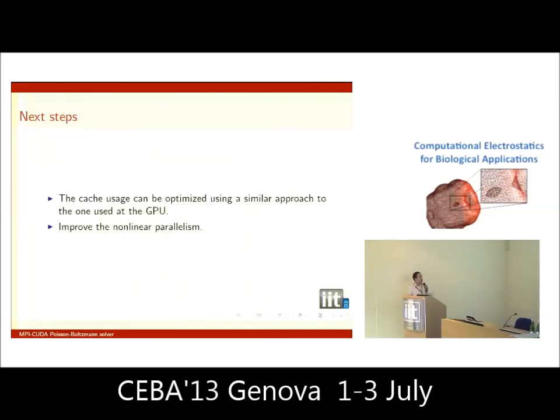Also, we noticed that the cache usage can be optimized. When we were starting and playing with the MPI implementation with small molecules, we got a speed up above linear, which makes no sense. I mean, the top is linear with a slope of 1.